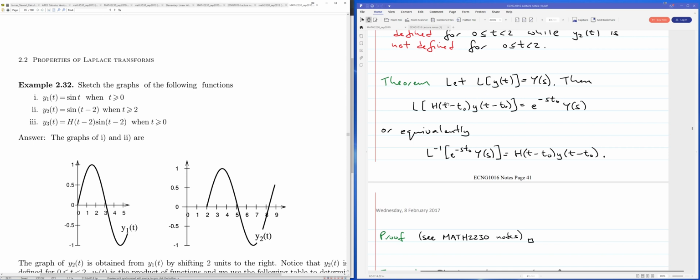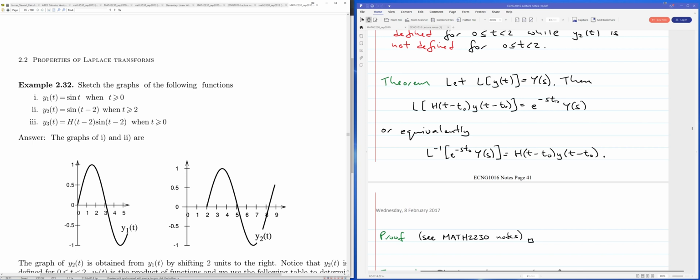One t-shift formula says that Laplace of the Heaviside times the shifted small y, so y(t-t0), is equal to the Laplace transform of the unshifted y(t) times an exponential, e to the minus s t0.